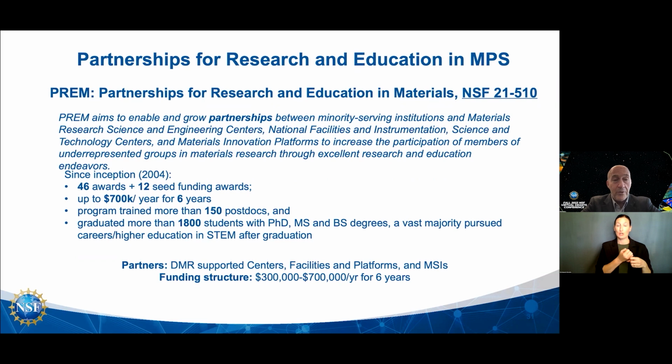So these are significant size. They've trained 150 postdocs, graduated more than 1,800 students with PhDs, MS, with some kind of post-secondary degree. Okay, and many of those go on to careers in higher ed and STEM.